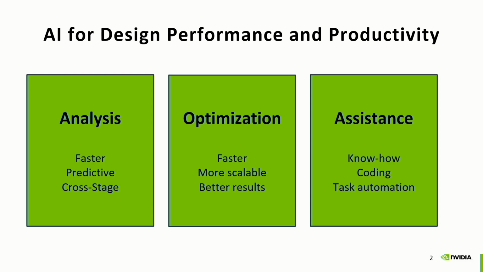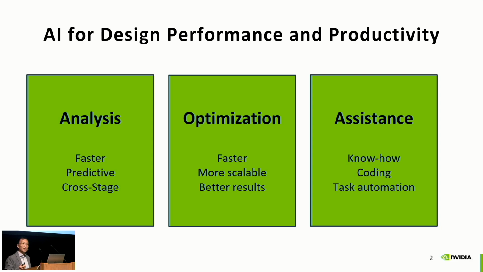The analysis and optimization tasks are very familiar to designers, because we always first analyze the performance of the design, then we can optimize these designs. The assistant task is relatively new. It is only enabled by language models. For analysis, AI can help us analyze the chips faster and make predictive analysis, which is often across design stages.